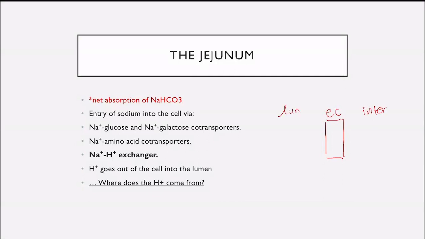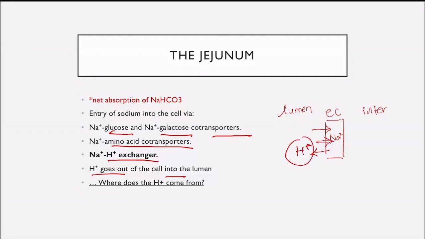The sodium is going to enter the cell via the sodium-glucose or galactose cotransporter, or the amino acid cotransporter, or the hydrogen exchanger. So you have sodium inside of the cell. The hydrogen is going to go out of the cell into the lumen. So sodium is coming inside the cell, hydrogen is going to go outside of the cell.